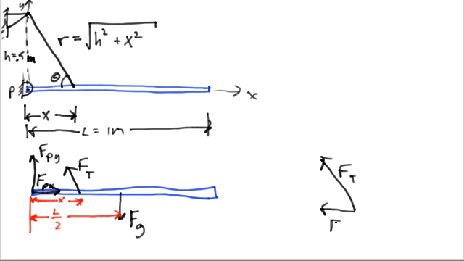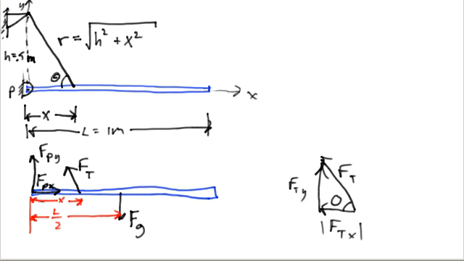The X component vector is in the minus X direction, so I'm going to label it with its magnitude, which is the absolute value of the X component of the tension. The X component of the tension is actually negative. Then this one's positive, FTY.